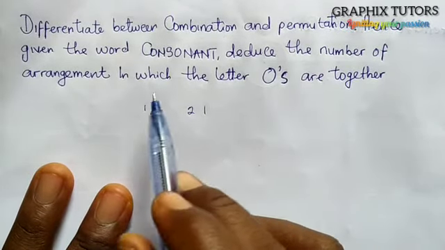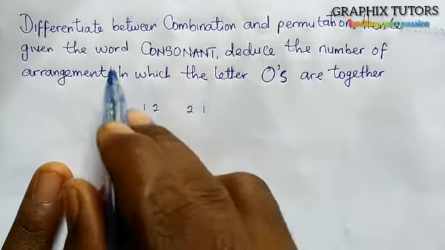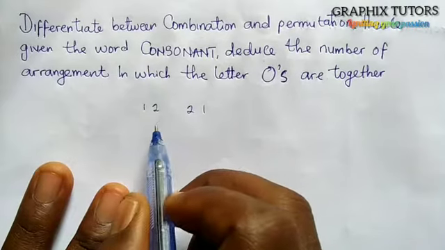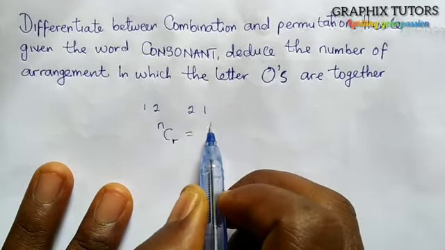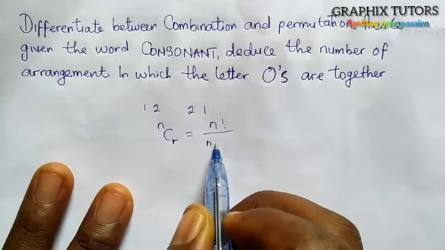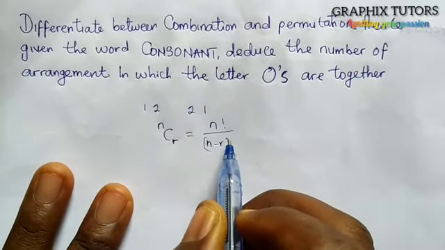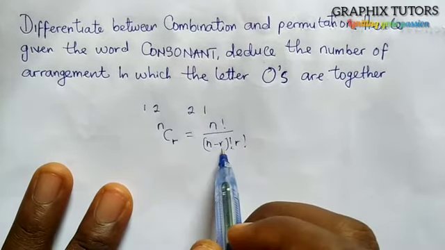Are you with me? Order doesn't matter. And the formula for combination is giving us n combination r, which will give us n factorial all over n minus r factorial r factorial.